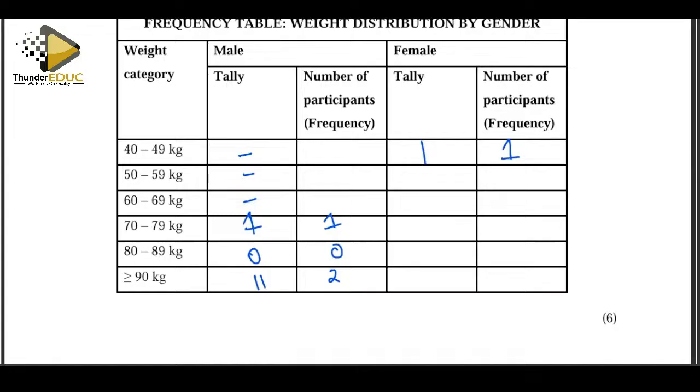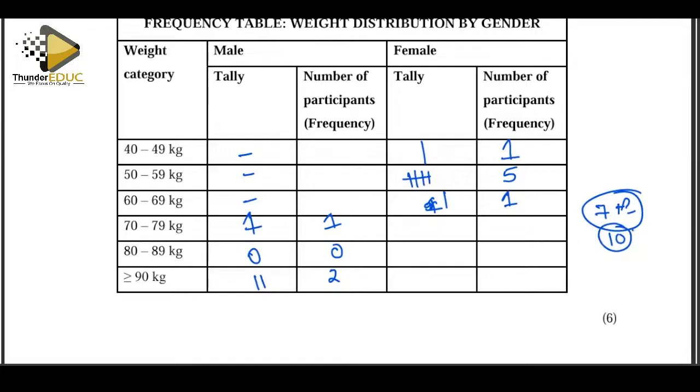In between 50 and here we have 5. You do it this way: 1, 2, 3, 4, 5. So we write a 5, and here we have 1. You put the tally 1 and you put the figure 1 this side. So these are 7 plus the 2 plus. All in all they are 10.